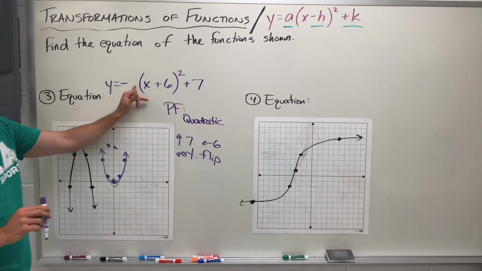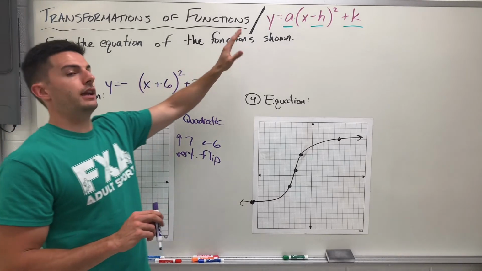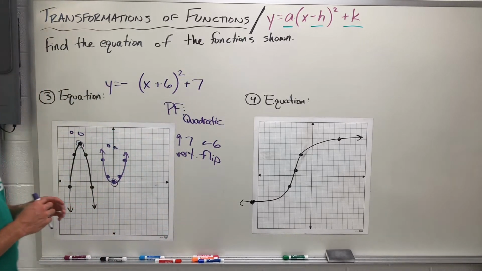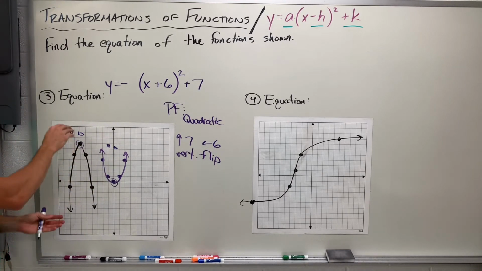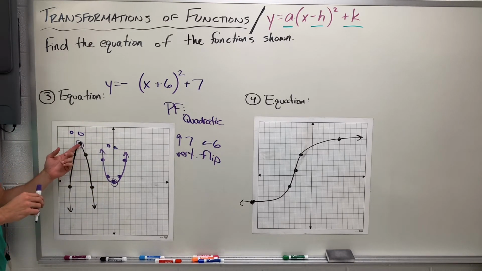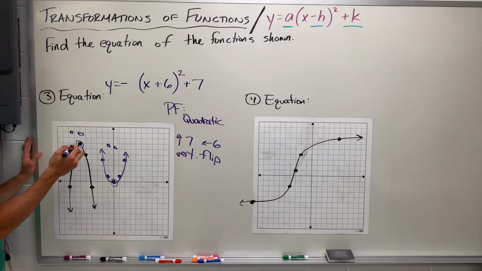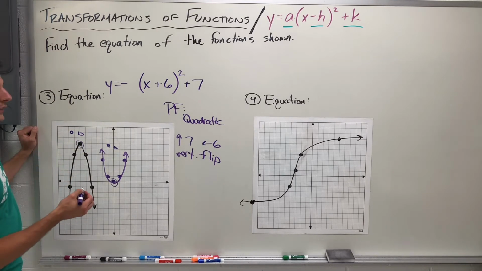So I figured that out. My last thing to figure out is this a value, okay? And again, the a value would come from the points changing distance vertically from the origin point. So normally, if it's vertically flipped, it would go down 1 and right 1 to both sides and down 4 and right 2 to both sides. It doesn't happen that way.